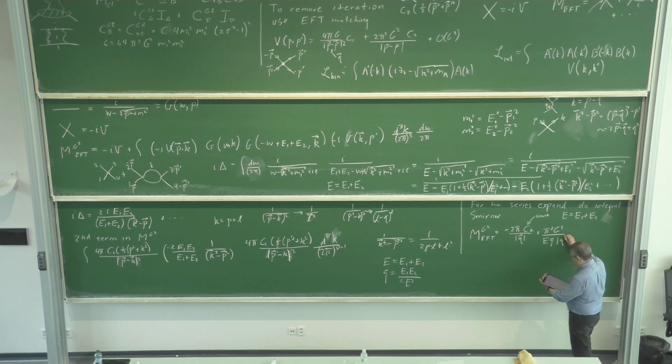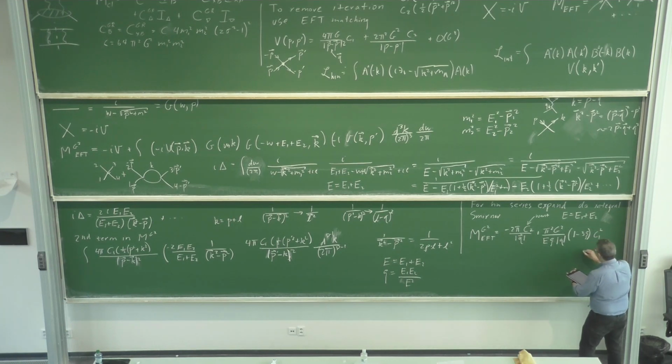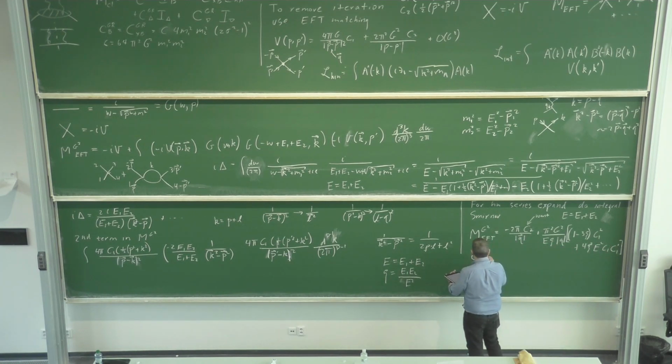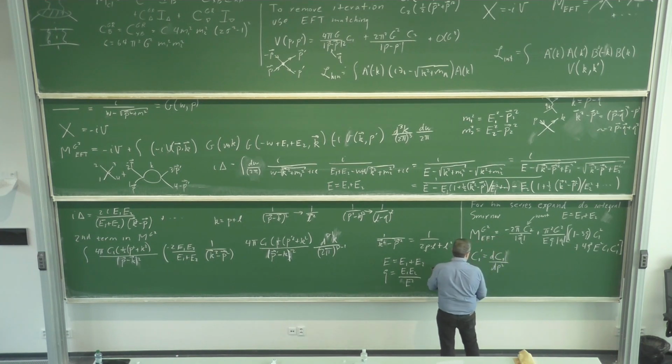And then Q, and then 1 minus 3C, C1 squared, and then plus 4C squared E squared C1 prime, which I'll define in a second. Put parentheses around here. C1 prime is equal to dC1 dP squared, whatever the argument is.